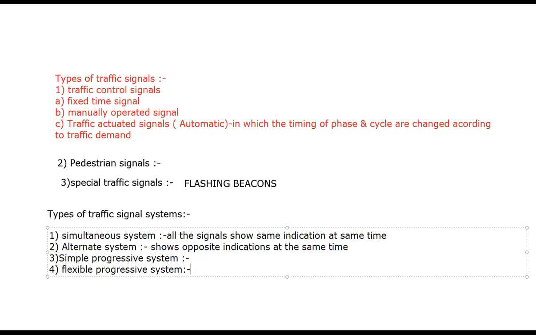तर फ्लेक्सिबल प्रोग्रेसिव्ह सिस्टीम मध्ये आपण काय काय व्हॅरी करू शकतो? लेंथ ऑफ सायकल व्हॅरी करू शकतो, सायकल डिव्हिजन व्हॅरी करू शकतो, आणि टाइम शेड्यूल व्हॅरी करू शकतो. त्यामुळं ही जी सिस्टीम आहे ती मोस्ट इफेक्टिव्ह सिस्टीम आहे किंवा इफिशियंट सिस्टीम आहे असं म्हणूया.